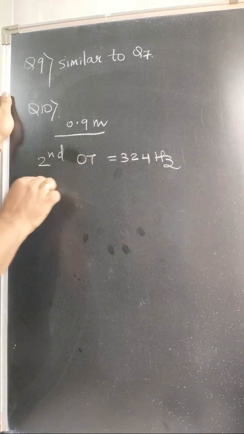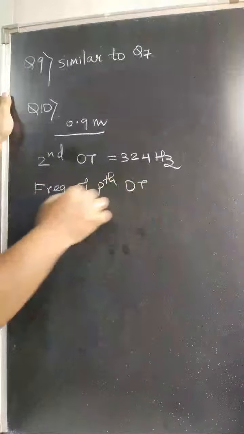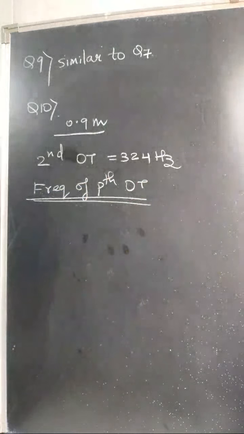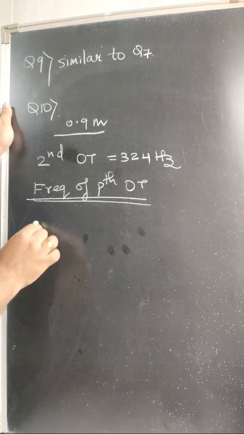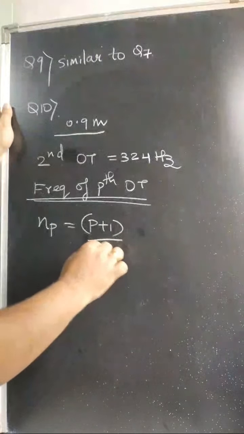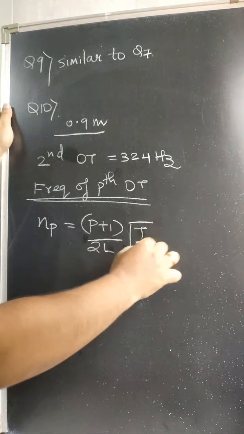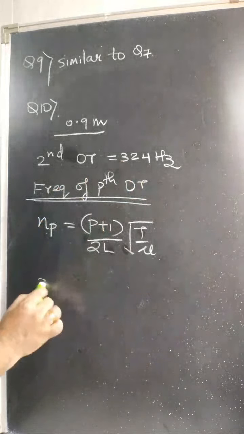Frequency of pth overtone, all of you. What is the formula for frequency of pth overtone? Frequency of pth overtone is given by p plus 1 upon 2L root of T by mu. Correct? Now, this frequency is 324 Hertz.